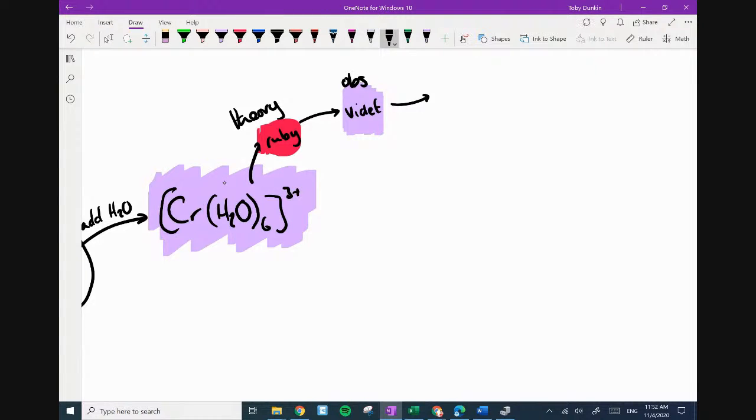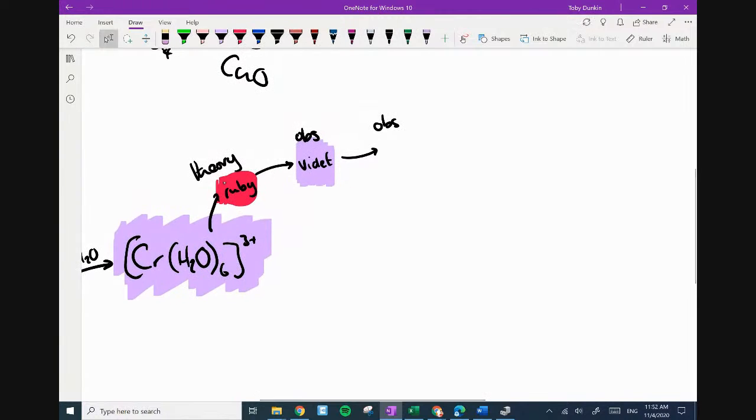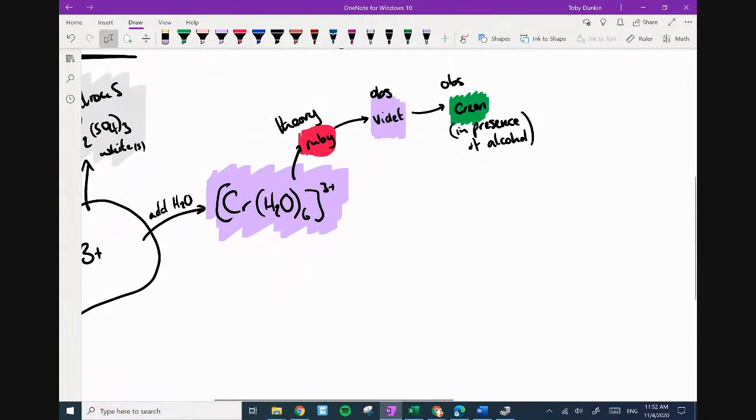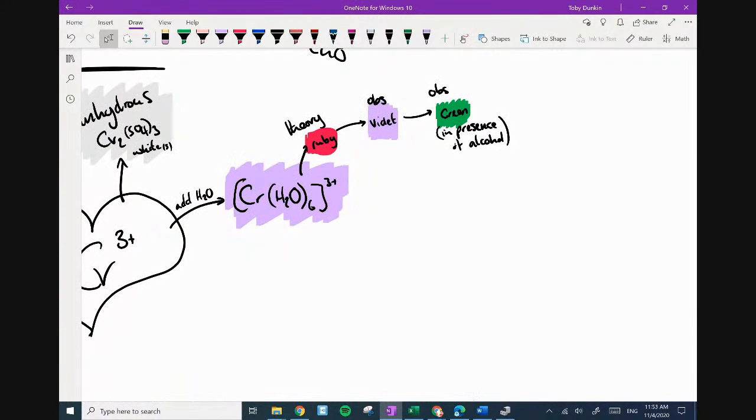Another example is if in the presence of an alcohol, it'll be green, observational green color. And it's about that kind of green. So this is another color that they allow, and this is in the presence of alcohol. Now, this is one that you have to know because this is the test for alcohols. To add potassium dichromate, and it'll turn green in the presence of an alcohol if it oxidizes it.